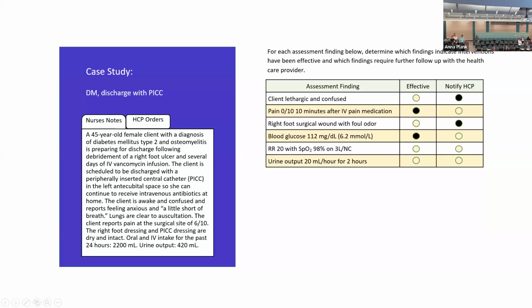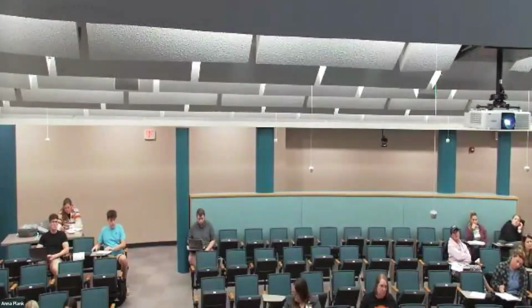Okay, because what was it? Okay. What if we put them on oxygen and their sat goes up to 98 and their respirations dropped to 20? And then what if our urine output is 20 mLs? What does it have to be? 30, then we know that the kidneys are perfusing, right? Does that help how we kind of put it together? Okay.